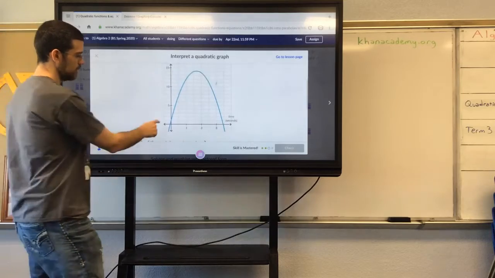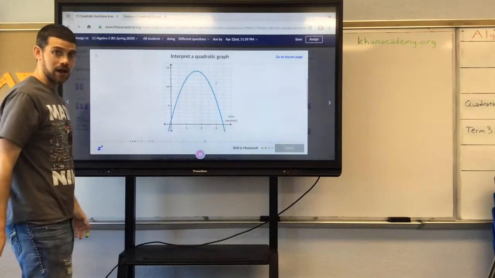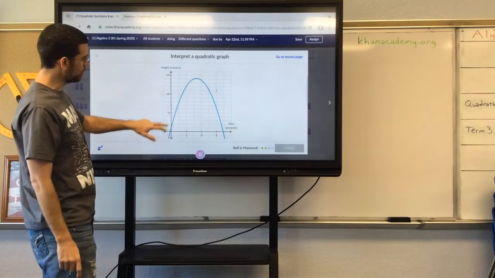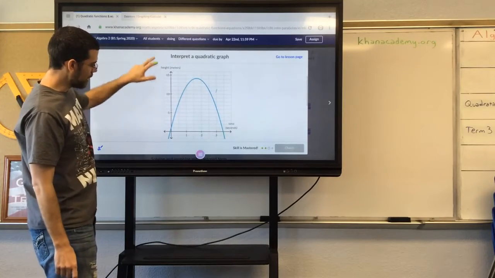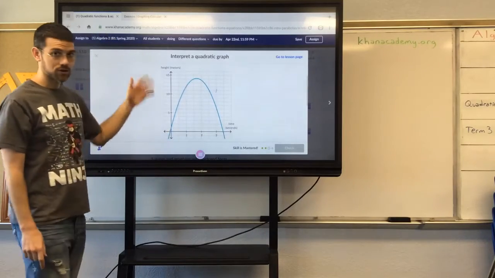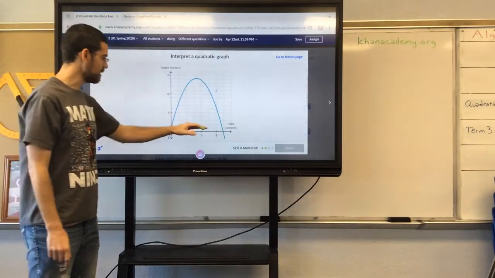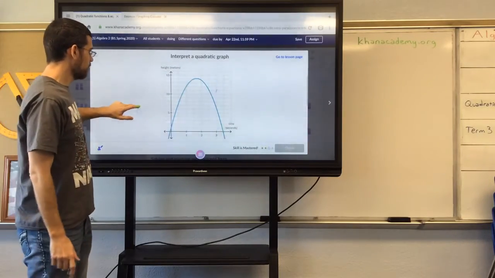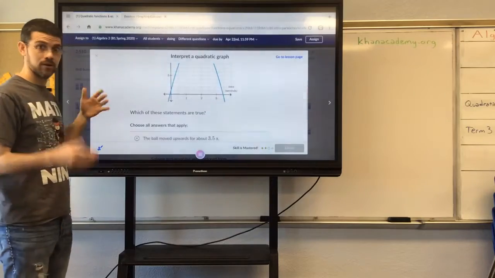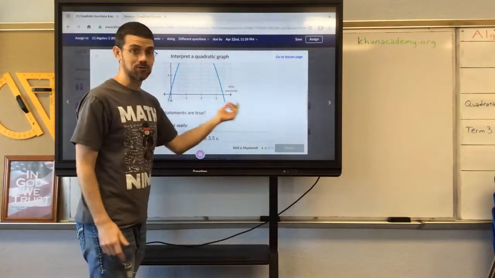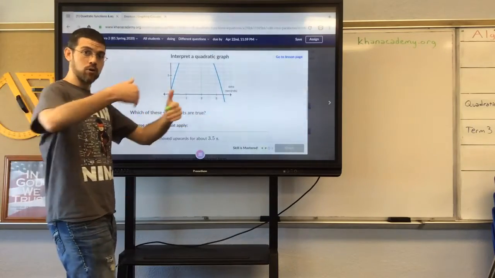So notice, x is modeling time after it's been kicked, and the height of the ball above the ground is the y-axis. So on the x-axis, we are 0 meters above the ground. So the x-axis, in a way, represents the ground as far as its relationship to the y-axis, but it actually represents time moving forward, right?